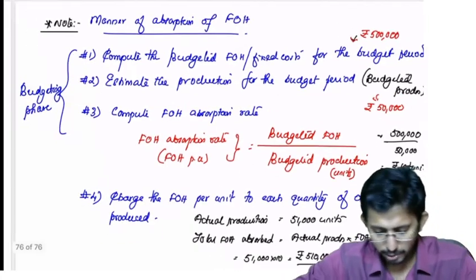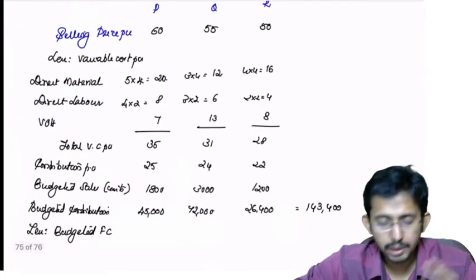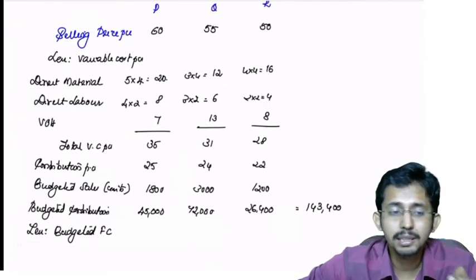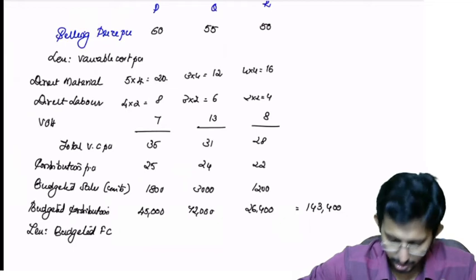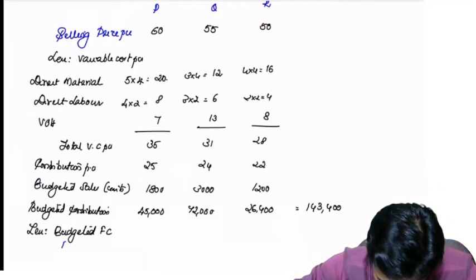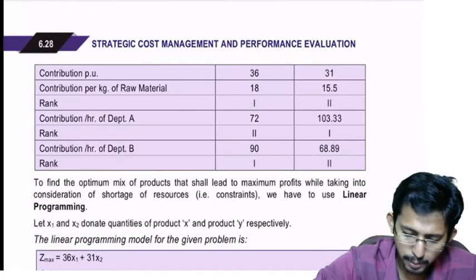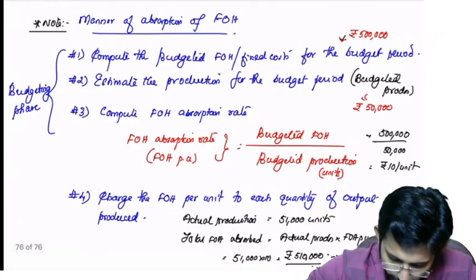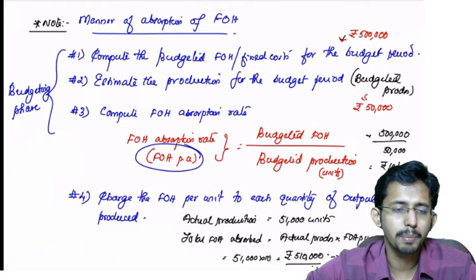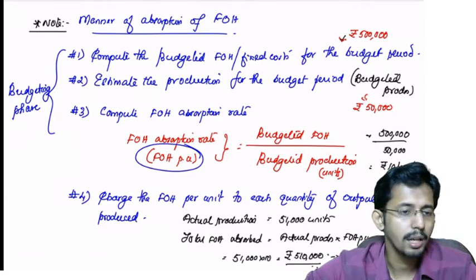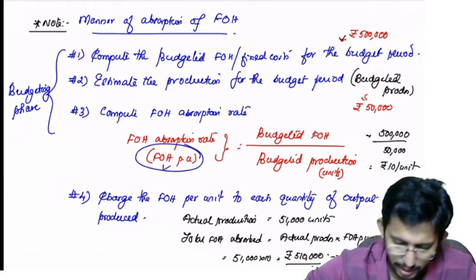Now coming back to the problem which we saw. What is your requirement? You need to find out the budgeted fixed cost, and what you have is FOH per unit. This is the item. If you know this, and what else you know?